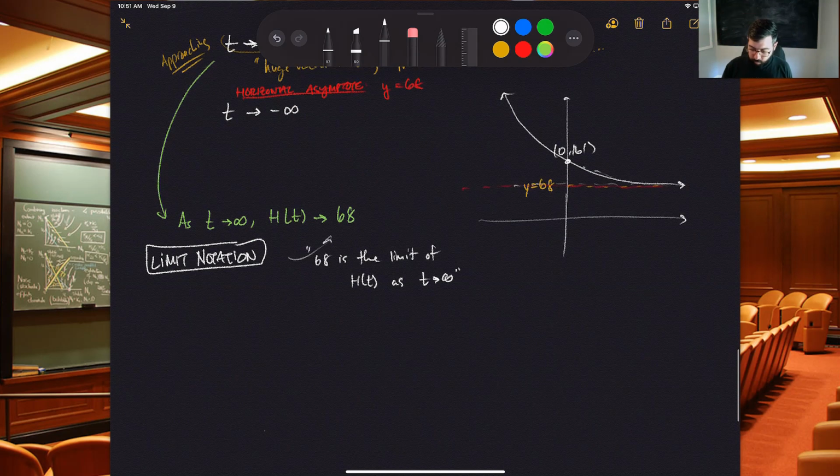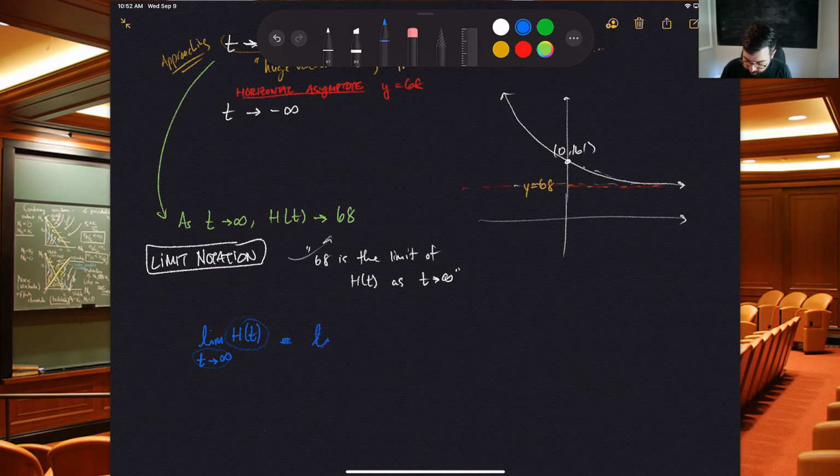So the way that we write this mathematically is we use this notation lim for limit. The limit of h of t. And then in the bottom we say as t approaches infinity. So this is kind of the input space down here. And we're talking about the limit of the output.